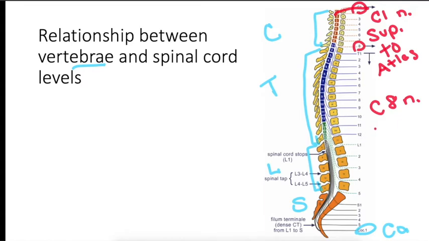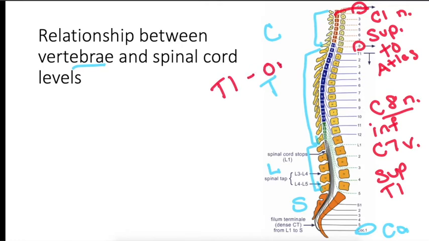The C8 nerve comes out inferior to C7 vertebra and superior to T1. Again, there is a C8 nerve, but there is no C8 vertebra. And then after C8, from T1 on, every nerve will emerge inferior to its corresponding vertebra.